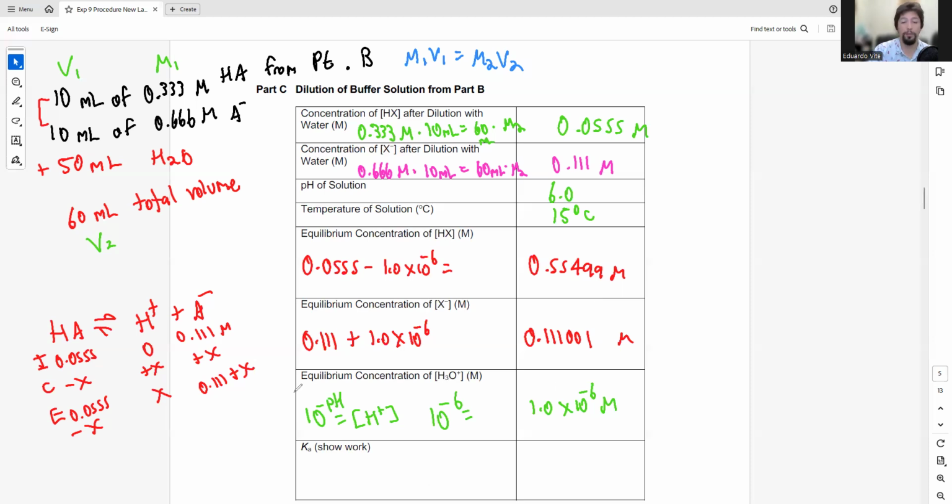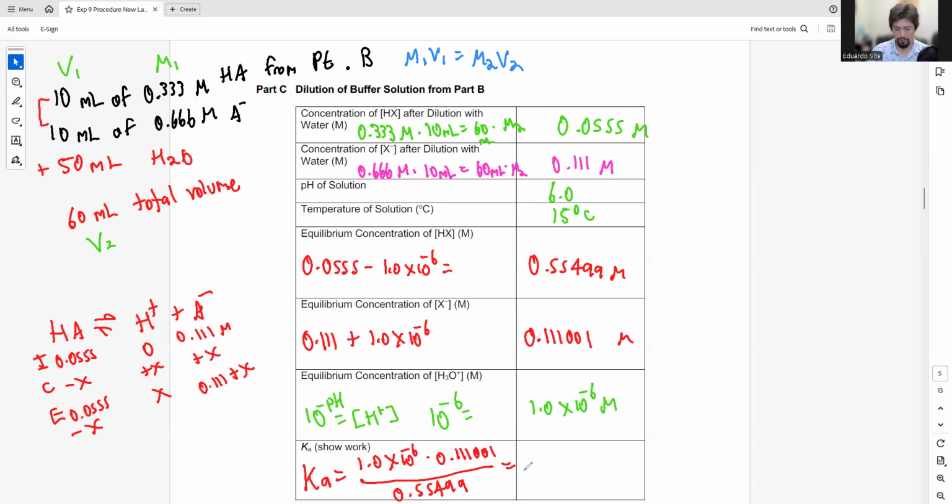So now I can solve for Ka. Ka is simply products over reactants. So my product is going to be 1.0 times 10 to the minus 6 times 0.111001 divided by my HA concentration, 0.055499, and that should give me my Ka value.